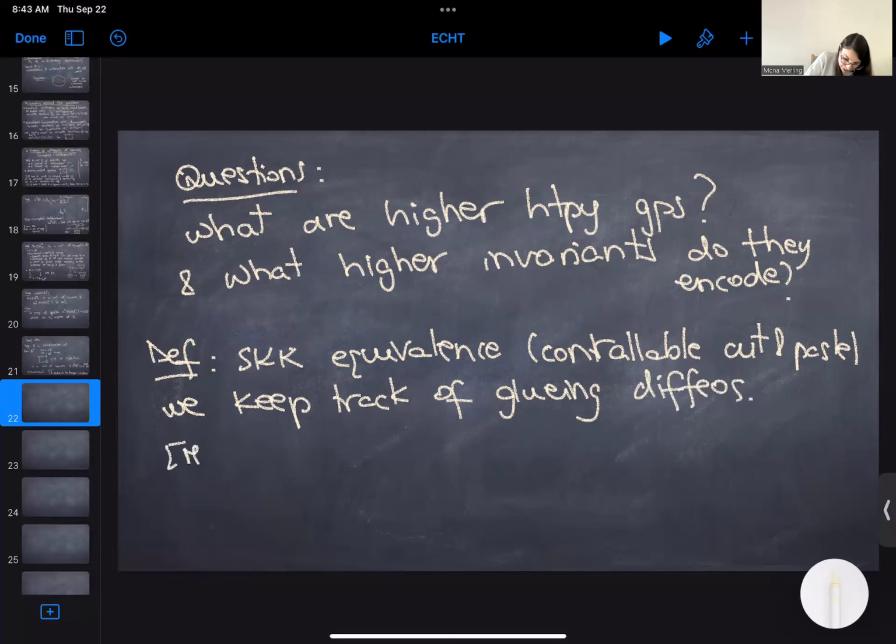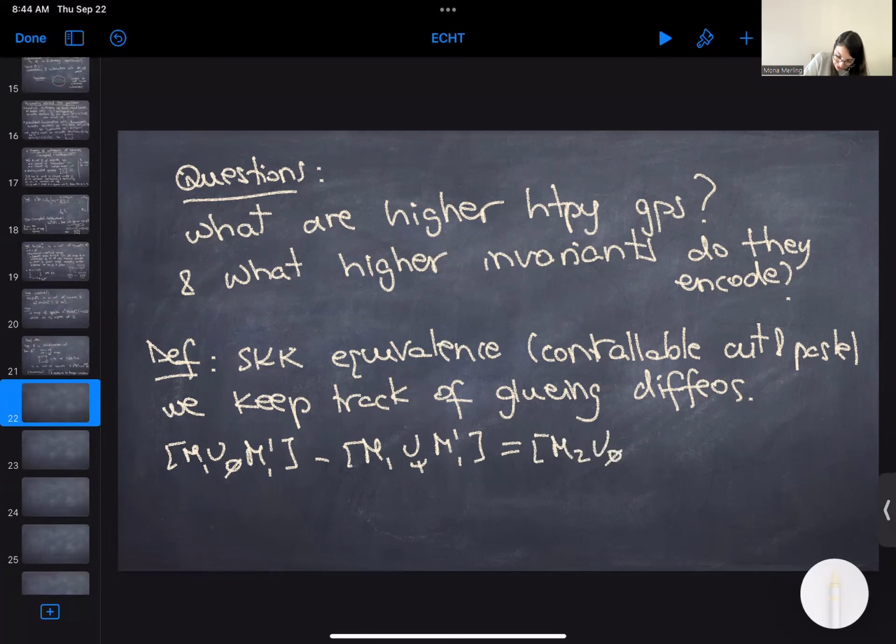The exact relation that you want to mod out by in order to form this SKK group is: if we have M1 and M1 prime glued together via some diffeomorphism, and M1 and M1 prime glued together via some other diffeomorphism, then in the SK group this would just be 0, right? We glued two pieces via different diffeomorphisms. In this SKK group, this is not 0 anymore.